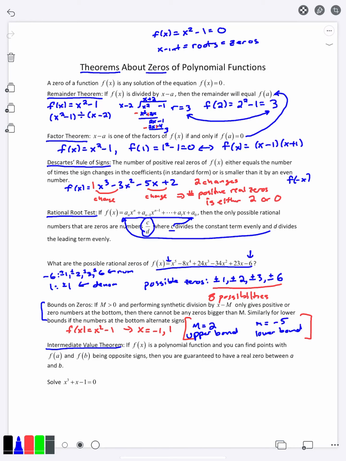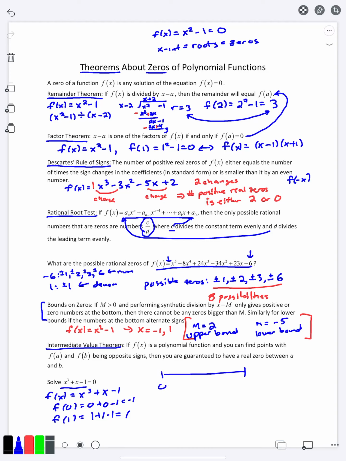We're going to try to find the zeros of the function x cubed plus x minus 1. So if I were to plug in 0 here, I would get the answer -1. And if I were to plug in 1 here, I'd get the answer +1.